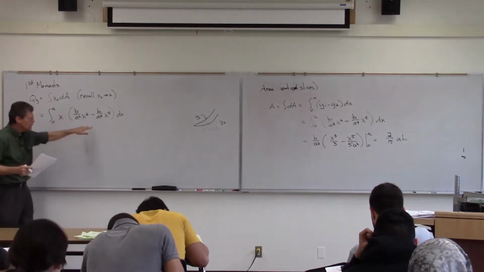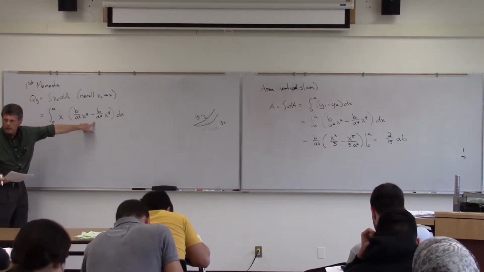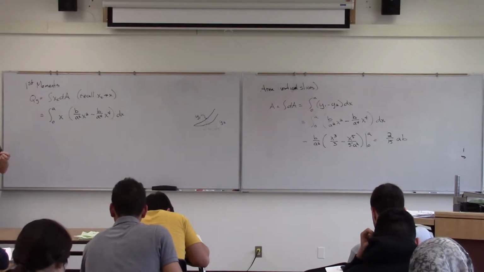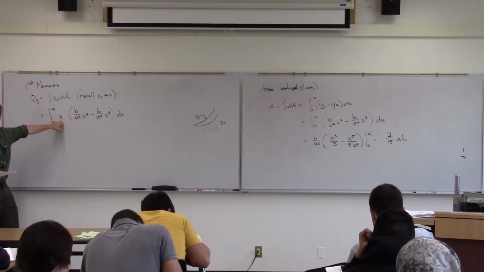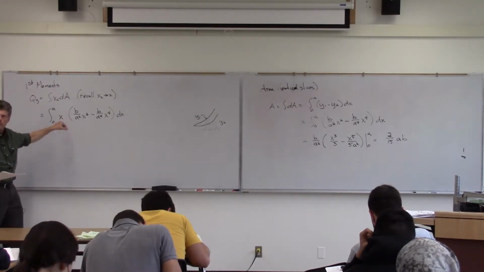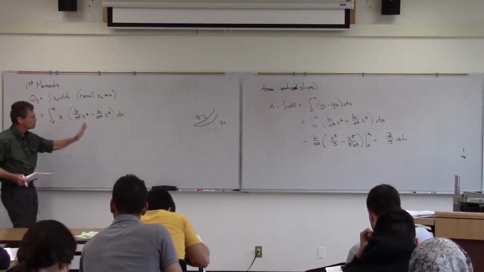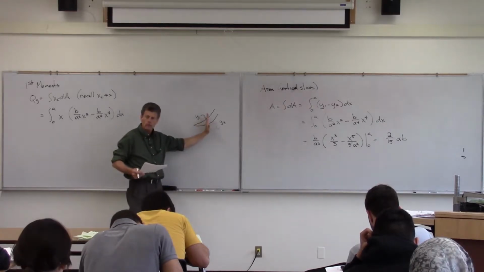So the only tricky thing is this is what we did for area, right? This is describing the height of that, the y1 and the y2. And then the only additional thing I've got out there now is my moment arm, my x that I'm bringing along there in this particular case for the vertical strip.